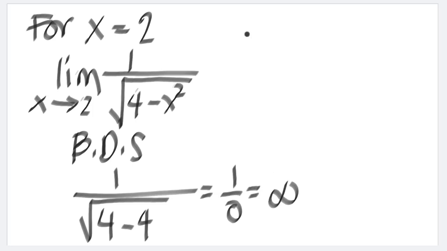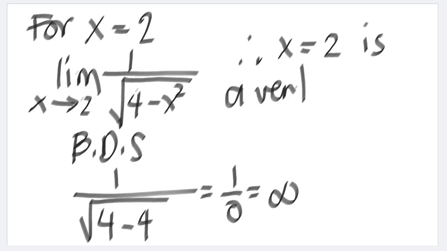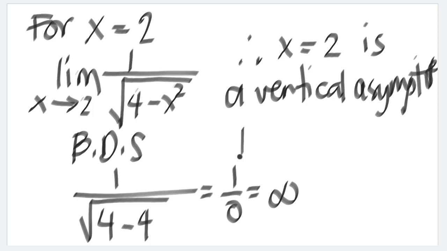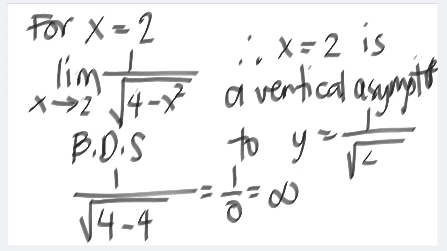So therefore, x equals 2 is what? A vertical asymptote to the function y equals 1 over the square root of 4 minus x squared.